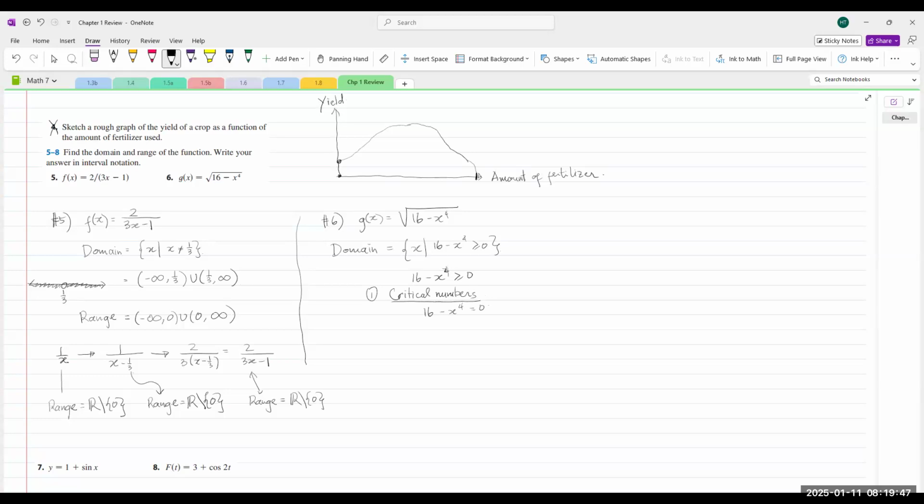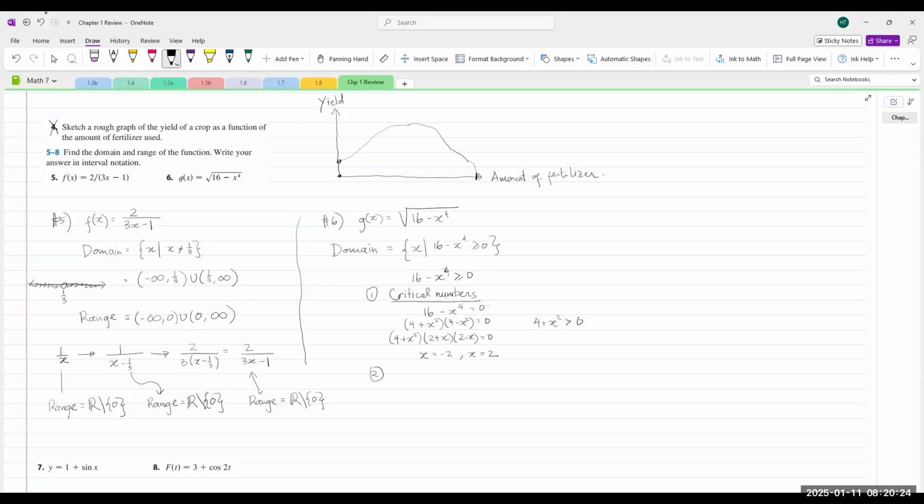So we get (4 plus x squared) times (4 minus x squared) equals 0. Now, of course, 4 plus x squared is always positive, not even 0. So we will just consider the 4 minus x squared. I factor it further. So we get the critical numbers x equals -2 and x equals 2.